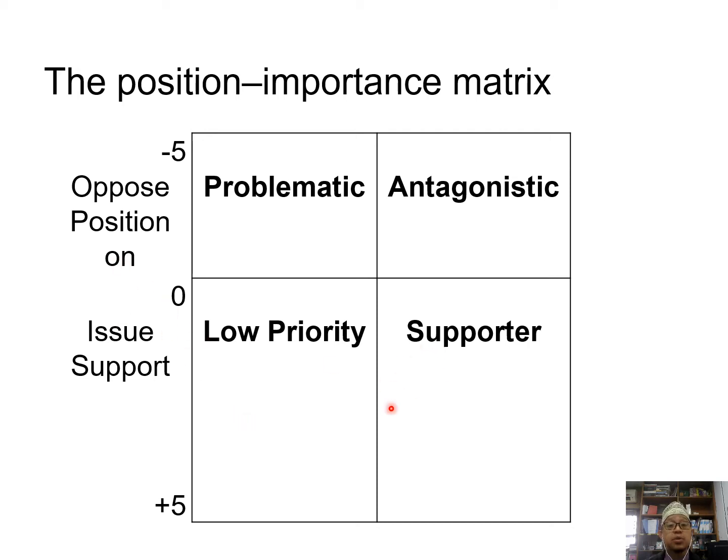So if it falls under this quadrant, we can say that there is a lot of support, but in terms of oppositions, it is also low, so the supporter is there, so we more or less still have a chance to solve the problem.